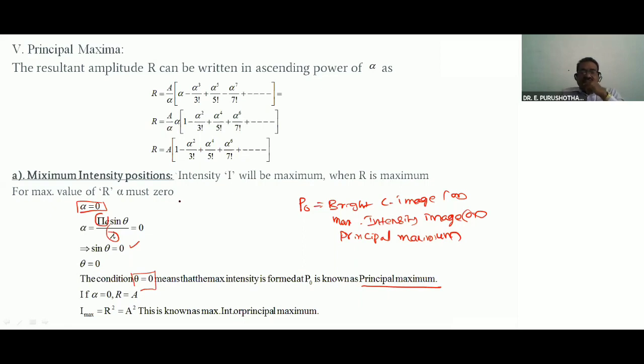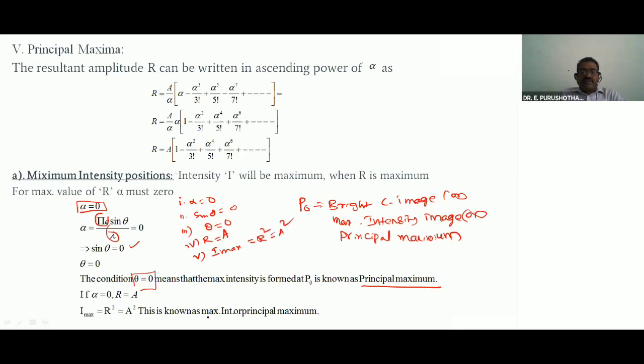What are the conditions here? You remember, first condition alpha is equal to 0. Second condition, we get sine theta is equal to 0. From this relation, theta is equal to 0. From this, we get R is equal to A. Finally, I maximum is equal to R square, A square.